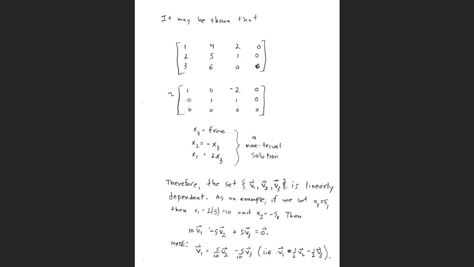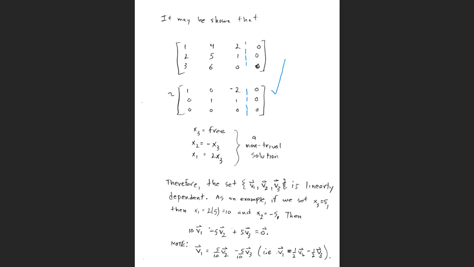I would show the row operations, but in the interest of time, it can be shown that this augmented matrix is row equivalent to this augmented matrix in reduced echelon form.